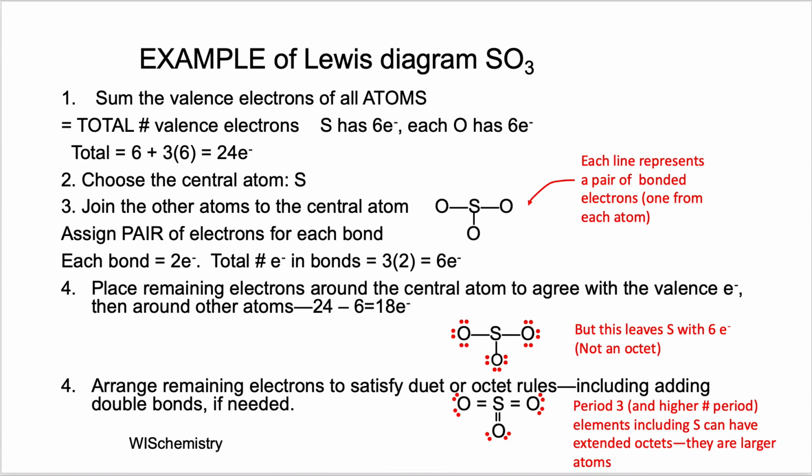But if we satisfy the octet rules, and because sulfur is in period 3 and ones with higher period numbers are large enough, you can have extended octets, and that's what you have here, with 2 lone pairs on each of the oxygen atoms and a double bond between each of the oxygens with the sulfur.